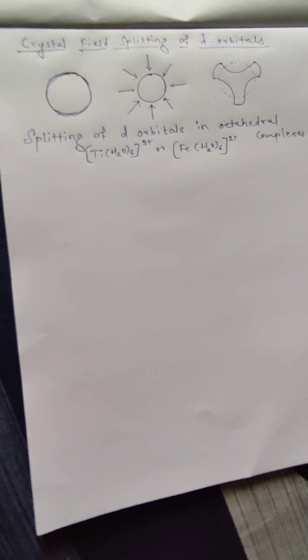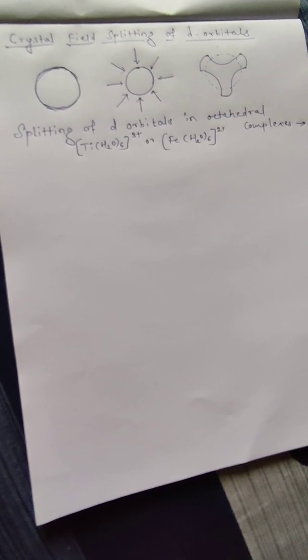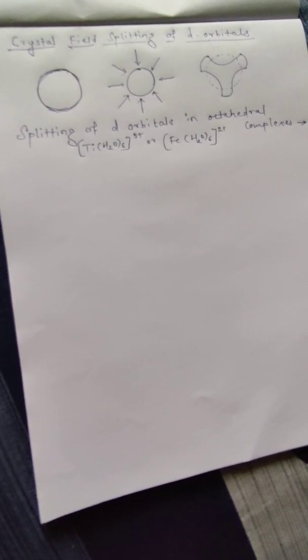In the same way, whenever a metal ion is isolated, it is having degenerate d orbitals. When any ligand is approaching the central metal ion, what happened? Again the repulsive force is there between the central metal ion, means the electrons which are present in the d orbital of the central metal ion, and the electrons present in the ligand.